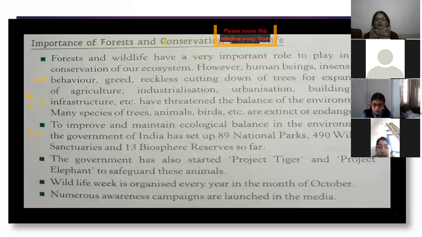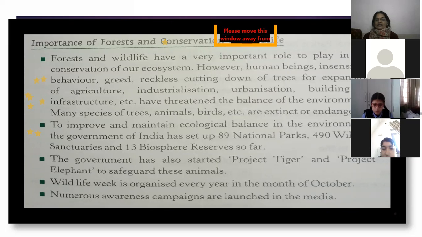Wildlife Week is organized every year in the month of October. Clear, students? Wildlife Week. So in this week only, programs for the protection and saving of animals are taken out by the government. Apart from this, Vanmahotsav is also observed in the second week of June.